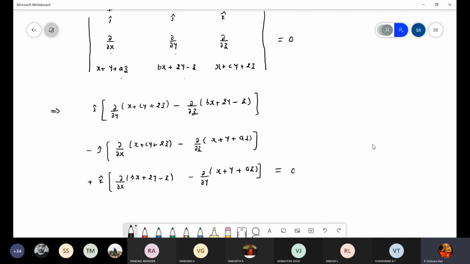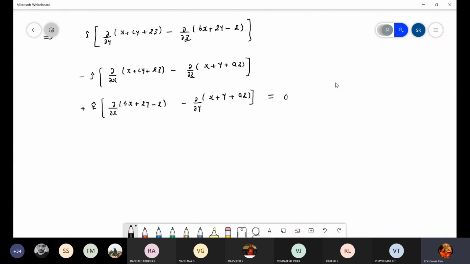It is compulsory. Now this implies i cap into: differentiate partially with respect to y, x and z are constant, that becomes 0. So differentiation of cy is c, minus partially with respect to z, 1. Minus, bx and 2y give 0. You will get minus 1, so minus of minus you can write as a plus.